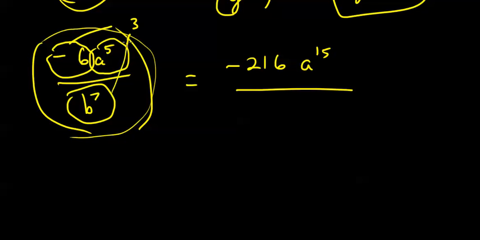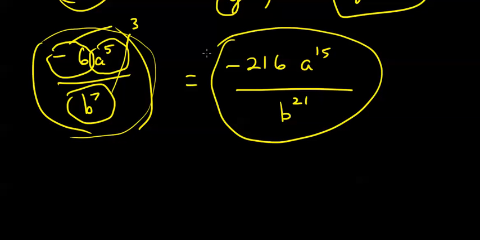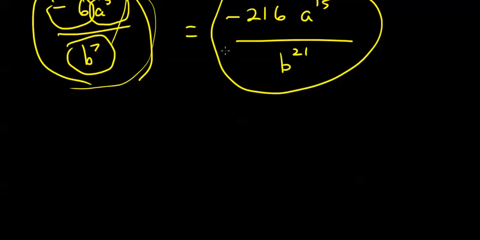Downstairs, b to the 7th to the 3rd power. Well, you multiply the exponents, 7 times 3 is 21, so it's b raised to the power of 21. So there would be my final return on that example, and I think the idea here is after you've done a few dozen of these, you start to spot the shortcuts and perhaps don't have to write down every single step. Alright, let's try another one.